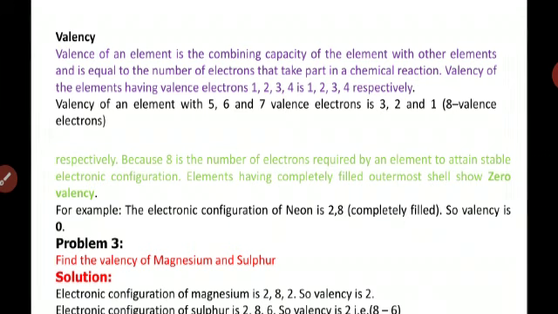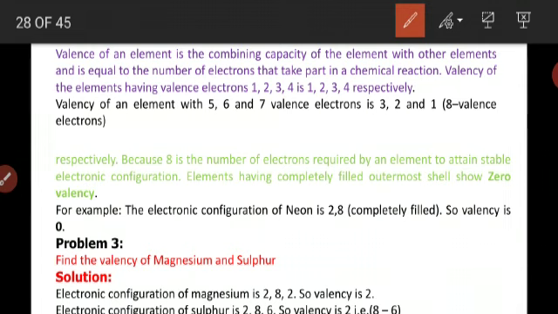Is it clear? For example, the electronic configuration of neon. Neon has atomic number 10. How can we write the electronic configuration? 2, 8.